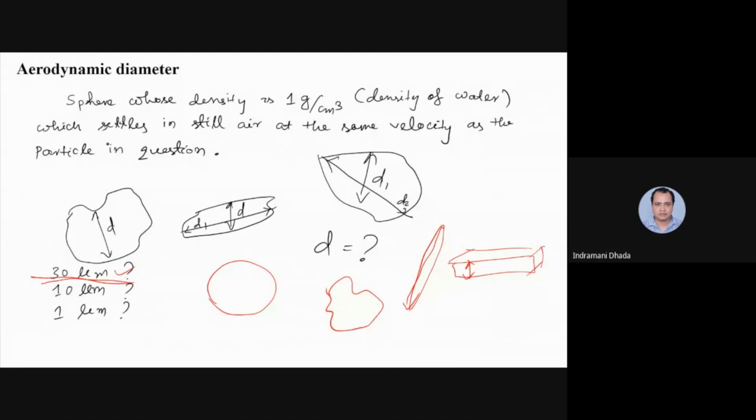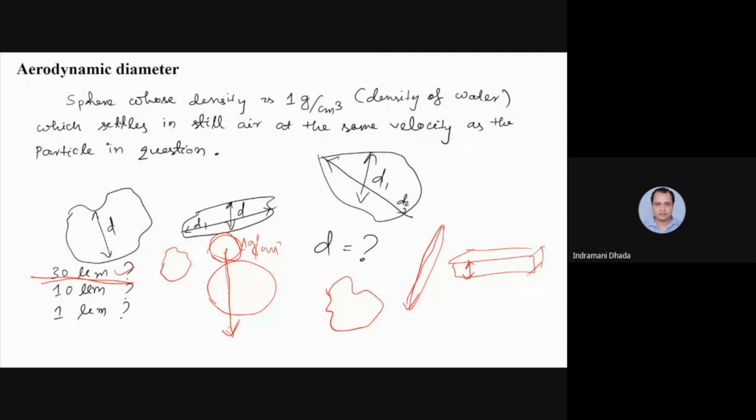Suppose some particle of iron is here, and I have the standard spherical particle here, which is falling only due to specific gravity. No other force is acting on it, and the density of this particle is 1 gram per centimeter cube.